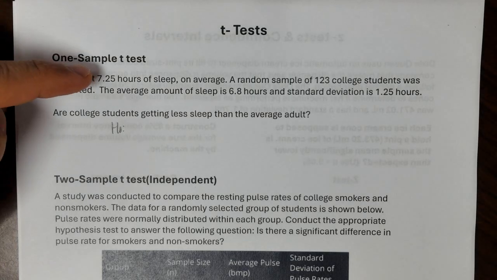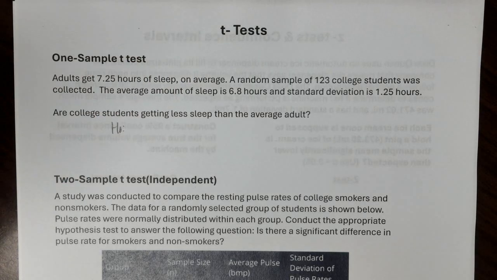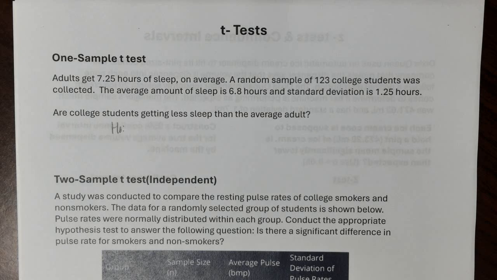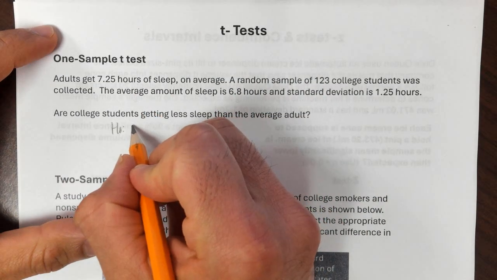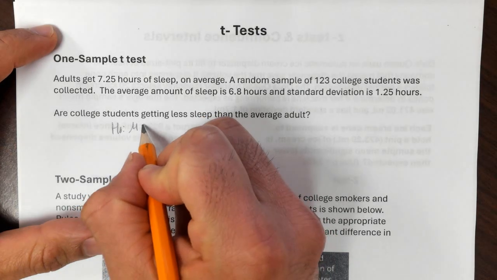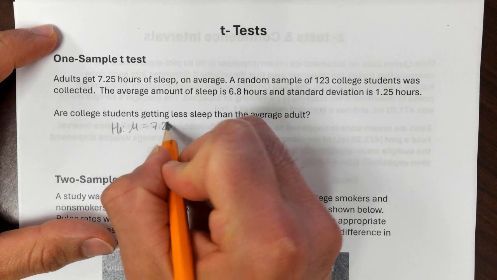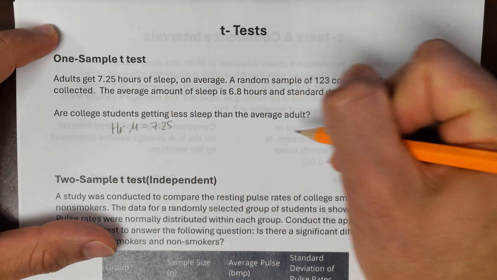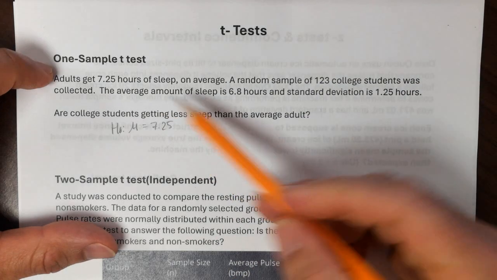The average adult gets 7.25 hours of sleep, so we're going to assume that is true. You can say mu is equal to 7.25 hours, given that mu is the true value, right?